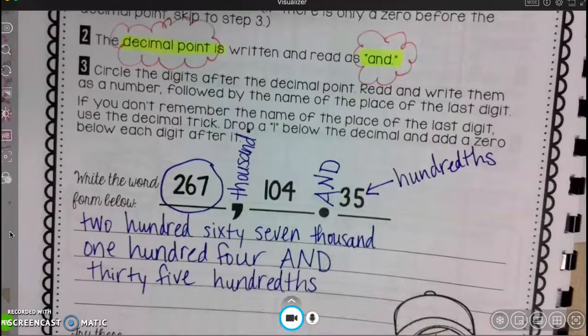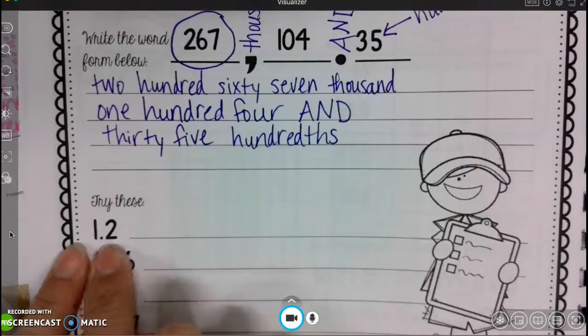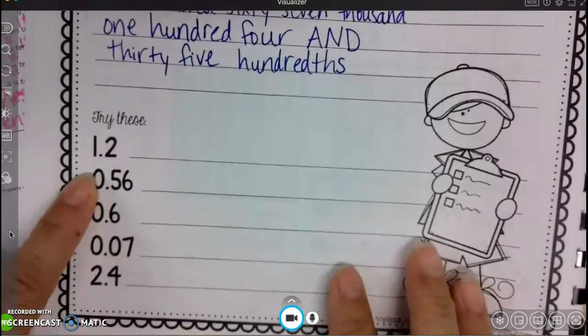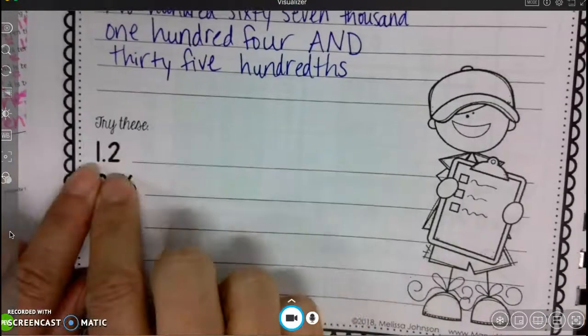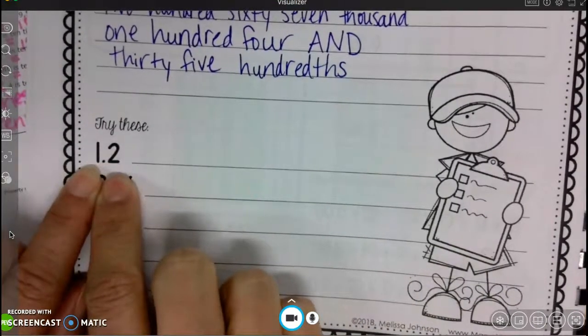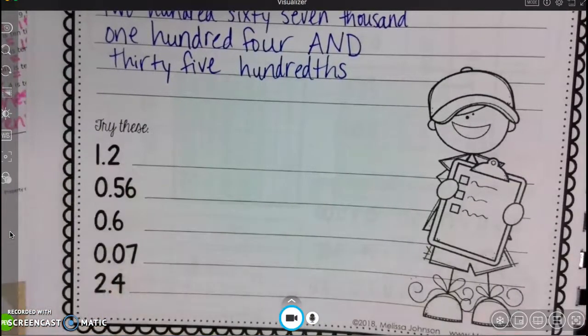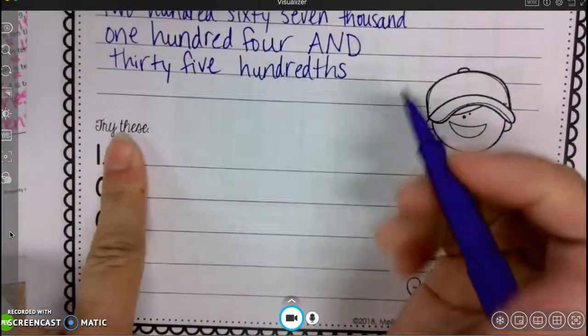So let's look at these examples at the bottom. Let's look at this first one, 1.2. How would I read that? Oh, wait, it's on freeze. It's coming. Okay. How would I read this number? You say whatever's in front of the decimal. What's in front of the decimal? 1.